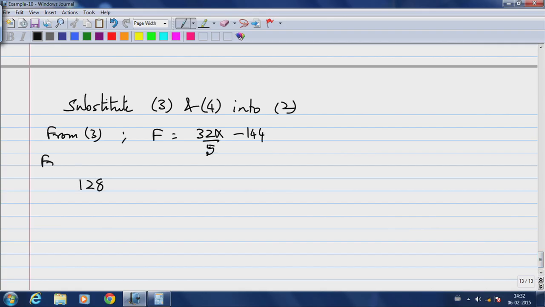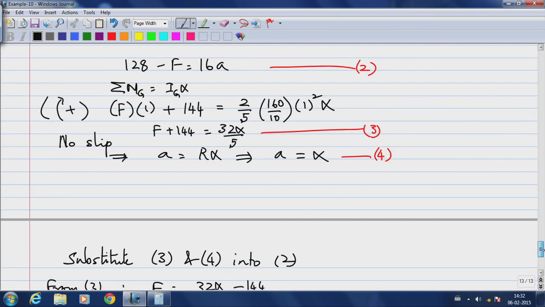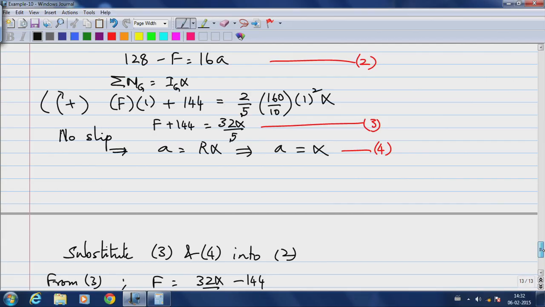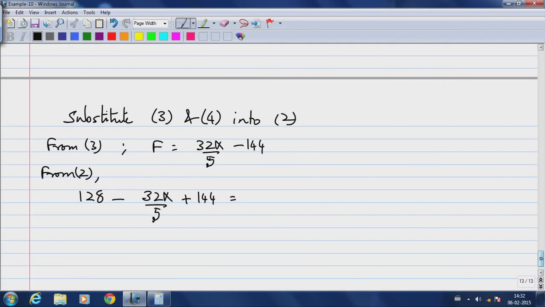So, from 2, 128 minus 32 alpha over 5 plus 144 equals 16 alpha.